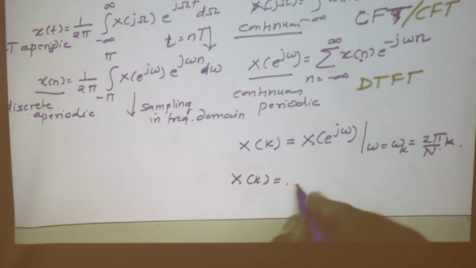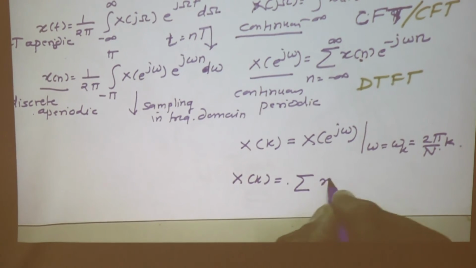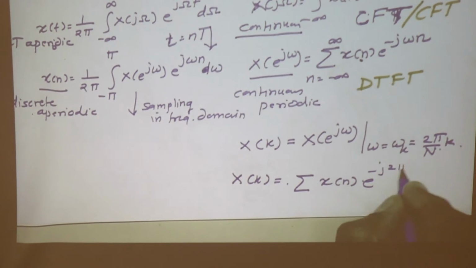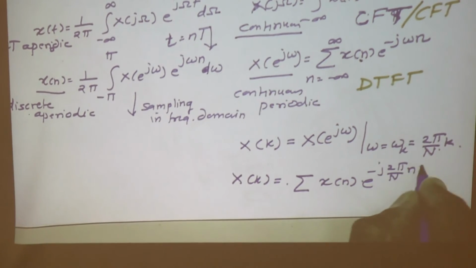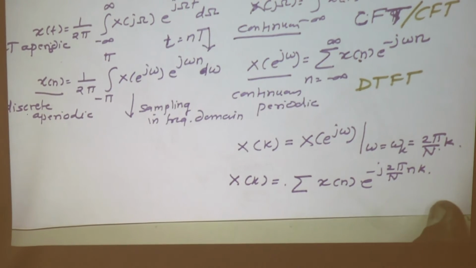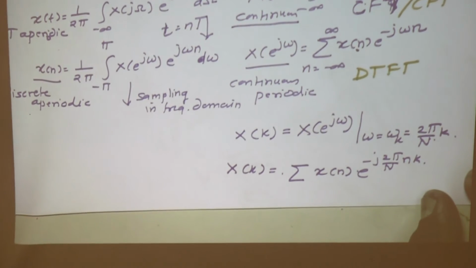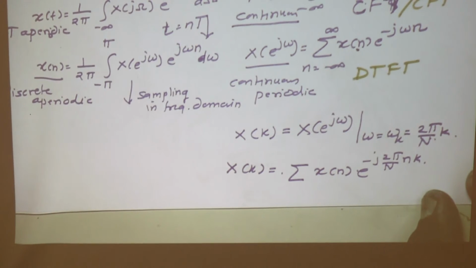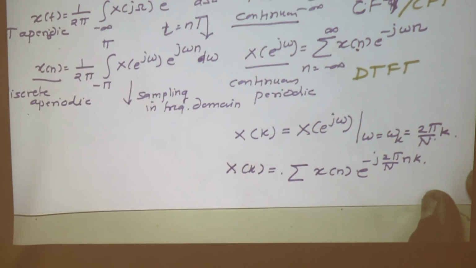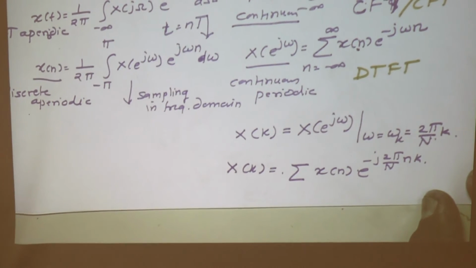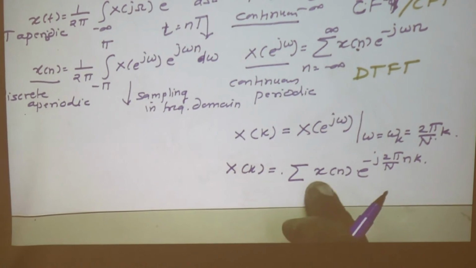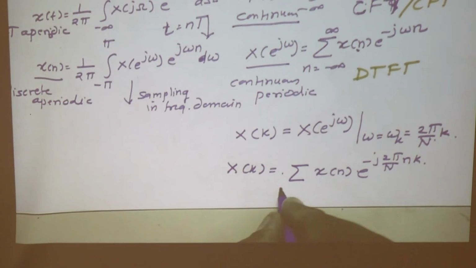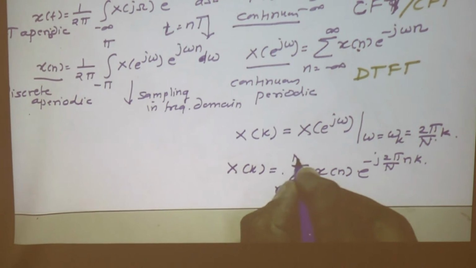So X of k is equal to summation x(n) into e to the power minus j 2 pi by capital N times n k. The impact of this sampling is periodicity. When I am dividing omega by N, automatically n goes from 0 to N minus 1.